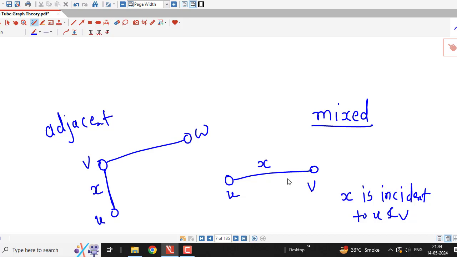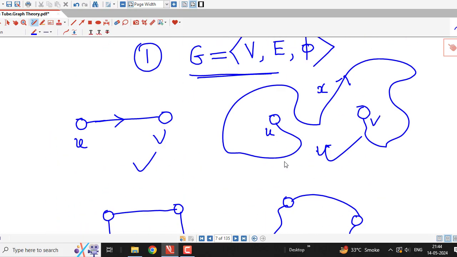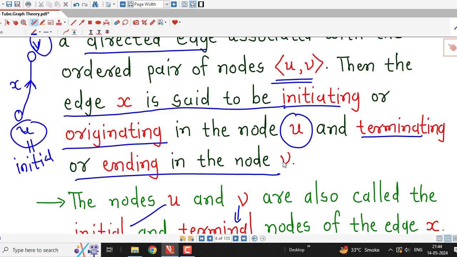So these are different terminologies. If we have a directed edge from U to V, then we say that the edge is originating from node U and terminating or ending in the node V. So remember all this terminology, which will be useful for upcoming lectures.